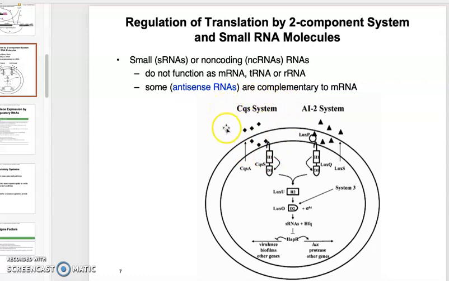And so in this particular case, it's basically a multiple component relay system. It's not a 2-component system because there's an additional component, but so we can maybe call it a 3-component system. In this particular case, the CqsA is an autoinducer synthase that makes these quorum sensing molecules, these little diamonds here.